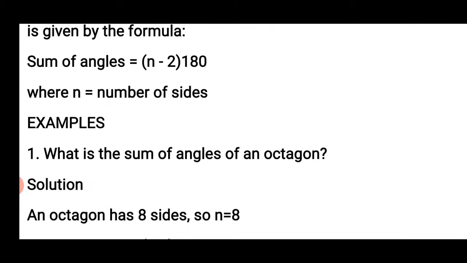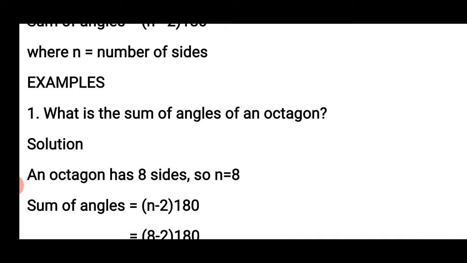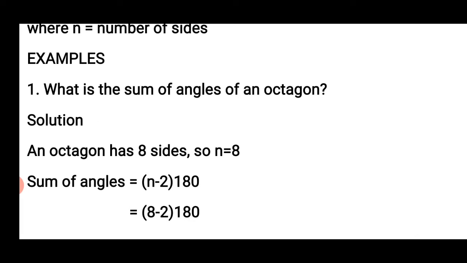Example 1. What is the sum of angles of an octagon? First, you must know the names of all these polygons. An octagon has 8 sides and n is equal to number of sides. So in this case, our n is equal to 8.